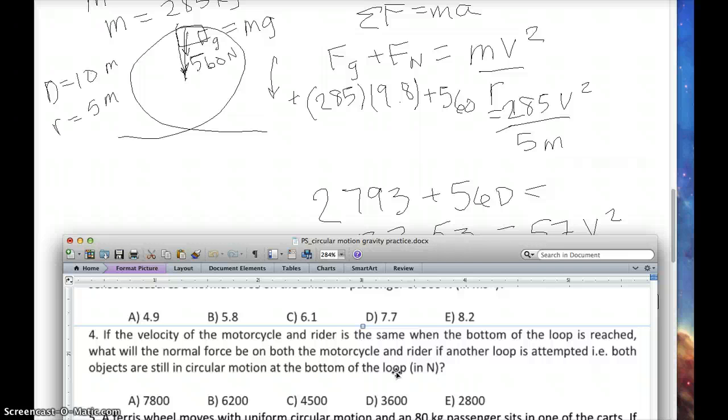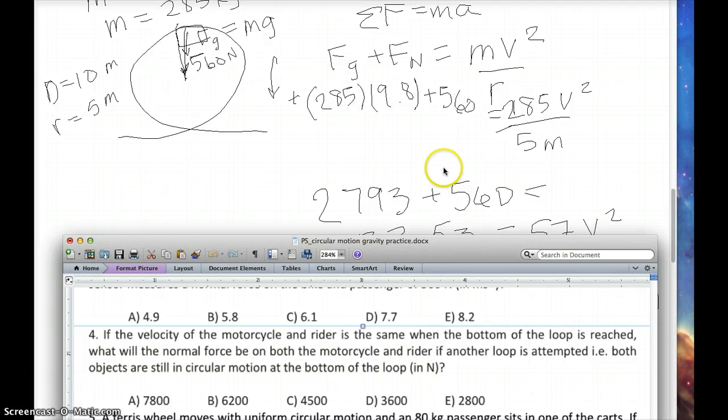And they want the answer in newtons. So at the bottom of the loop, if we use the same velocity, then what will the normal force have to be?